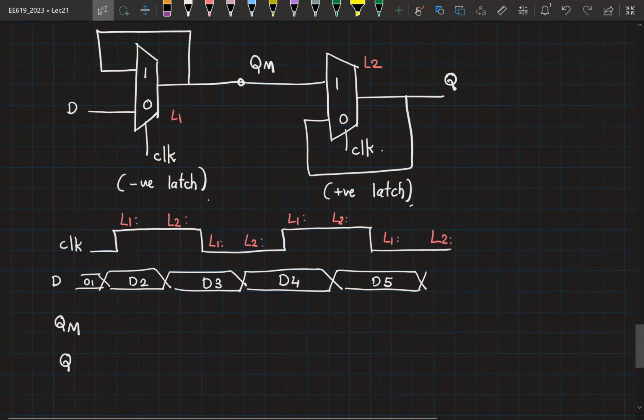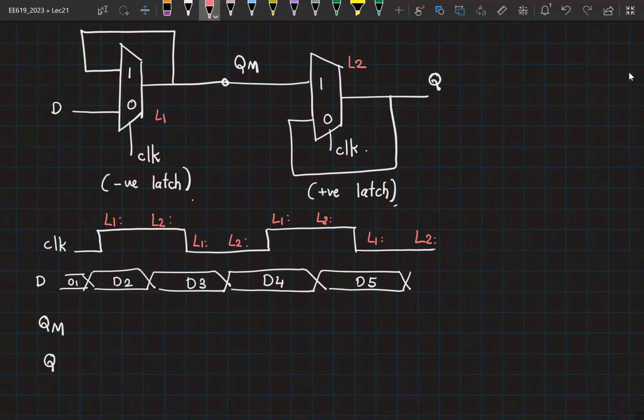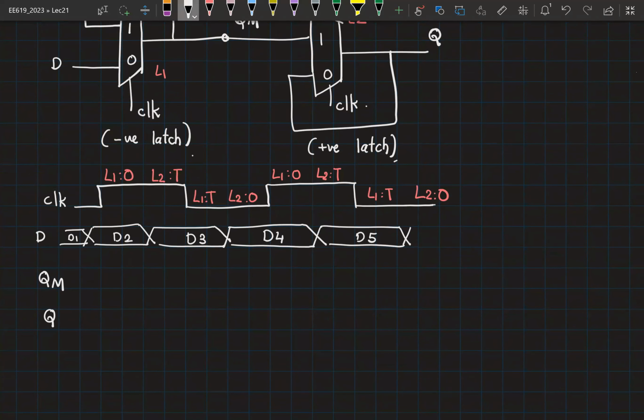So latch 1 is a negative latch, which means it's going to be opaque during these phases and transparent when clock is 0. Latch 2 is transparent when clock is 1 and opaque when clock is 0. So I can simply look at this and then sketch QM. QM is the output of latch 1.